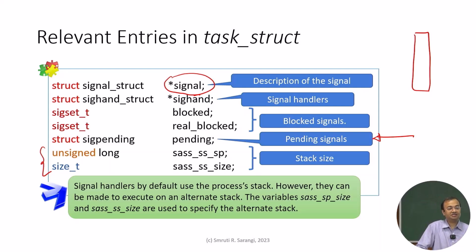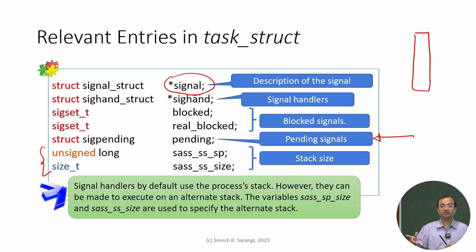In a certain sense, it has to now take on the role of an OS, where the OS would run it on a separate thread with a separate stack and so on, right? If you recall, the OS assigns a kernel stack and then runs a handler. So the user process, in a certain sense, has to do something of this nature. The context of the user process has to be stored.